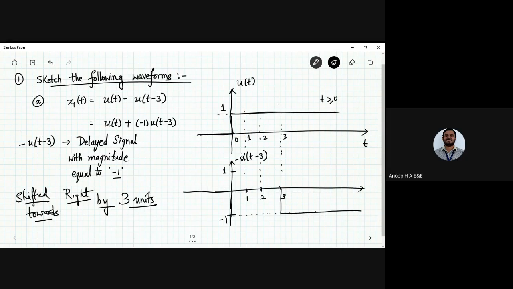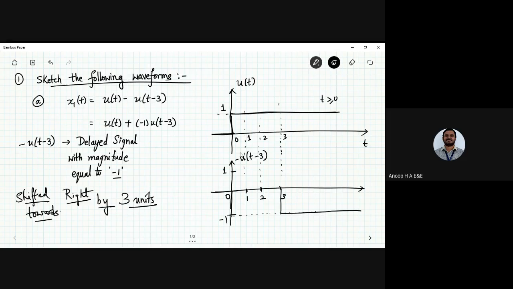Now, what is the resultant of the signal which is going to be present here? This is the magnitude of the signal we are going to sketch right now. So it is from 0, 1, 2 and 3.